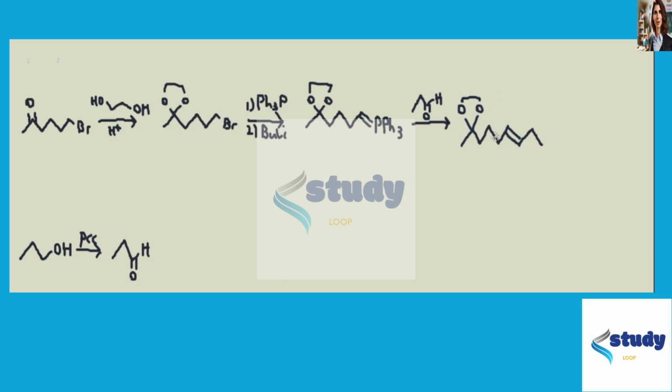Okay. Let me make this a little cleaner. So our ketone's still protected. And this is going to be a mixture of E and Z isomers. But really, it doesn't matter because in the next step, we're going to get rid of this alkene.